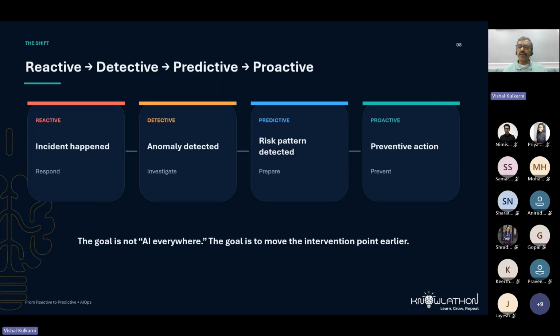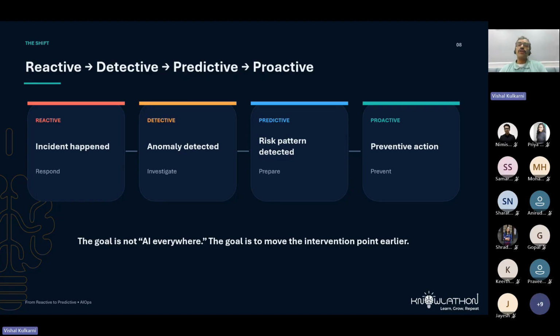AI everywhere. The goal is more towards moving the intervention points earlier, right? If you look at reactive, it is all about the incident occurs and then the team starts reacting to it, right? It is more reactive. Detective is typically where you have seen the anomaly detection, right? The investigations aspect of it, the team gets a better detection for the abnormal behavior of the systems as quickly as possible.